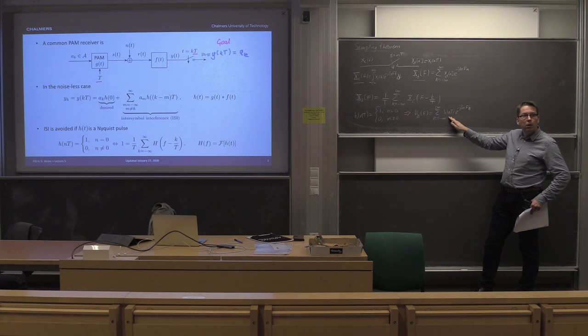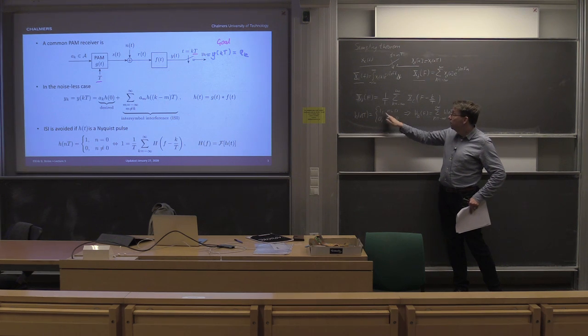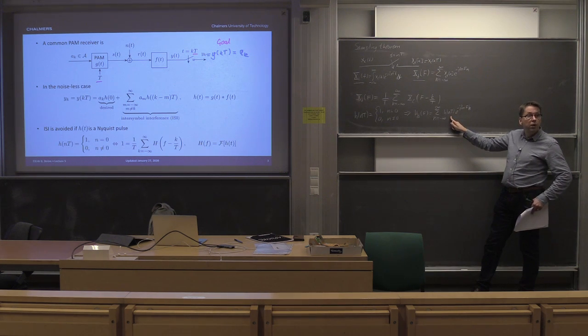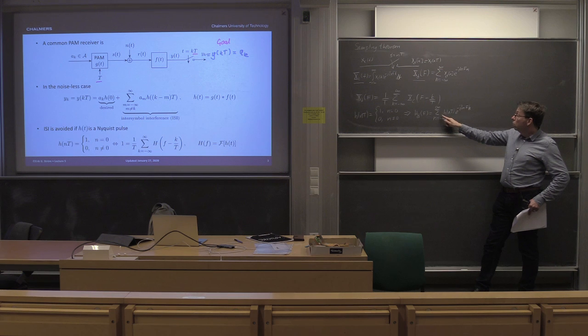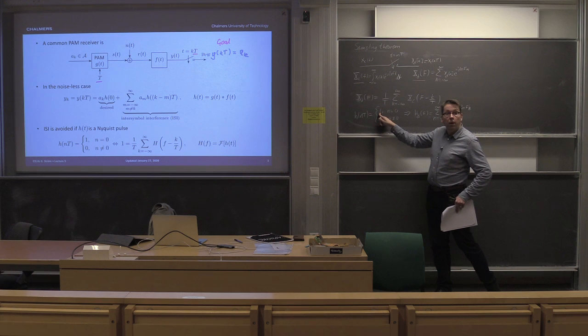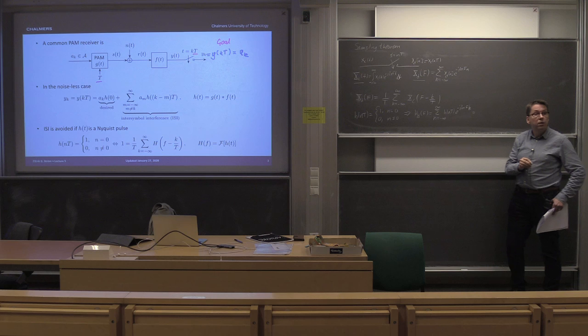This is an impulse, yeah, in a sense. A discrete time impulse. It's 1 when n is equal to 0 and 0 for all other n's. Right? And we just put that in here. So all of these terms will be 0 except one term when n is equal to 0. And when n is equal to 0, h of nt is equal to 1. So what is this sum?